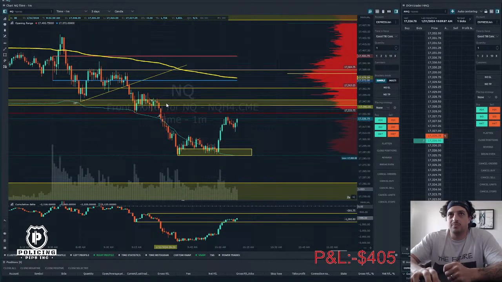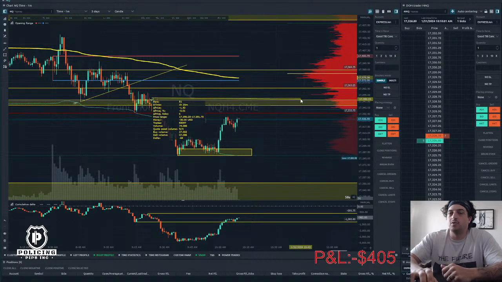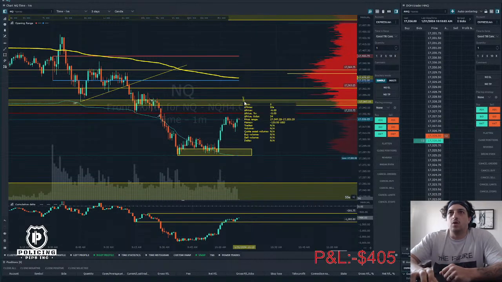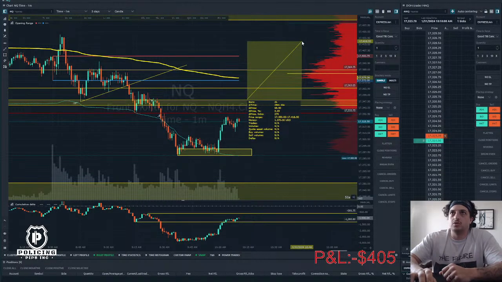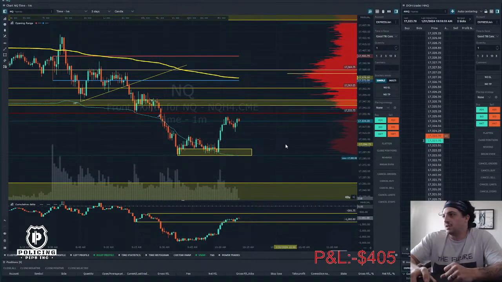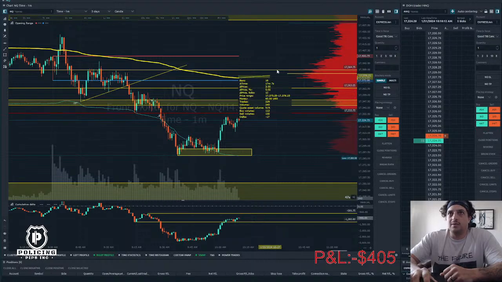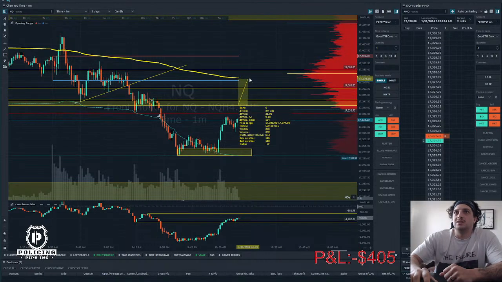So if my other plan above here is right, back above where I tried my long before, if it holds this zone a little bit and fails to break down, then look to take the long to rotate to the highs, or at least VWAP, which I usually use as the return.